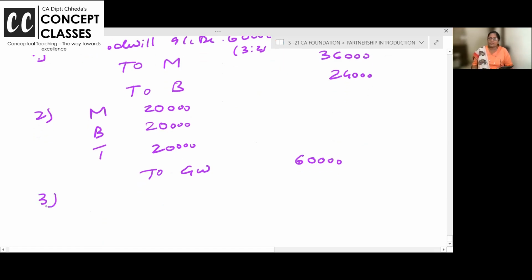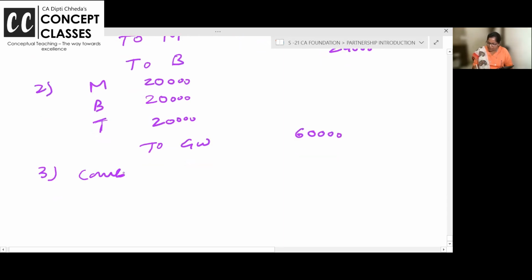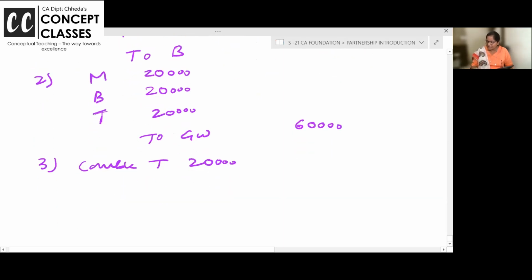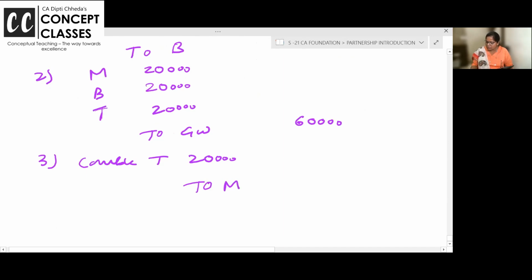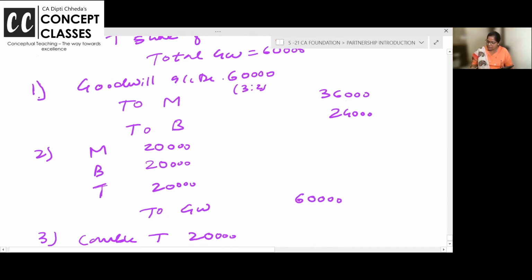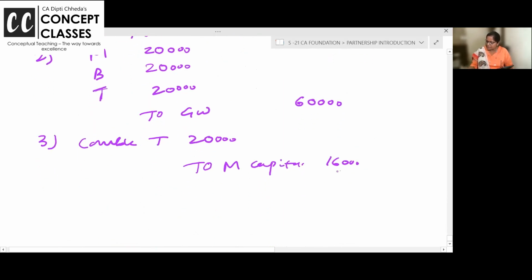Now, if they ask for a combined entry, what will you do? Combined entry: T's account debit 20,000, M's credit 36, debit 20. So to M's capital account 16,000, and 24 credit and 20 debit, 4,000 to B's capital account.